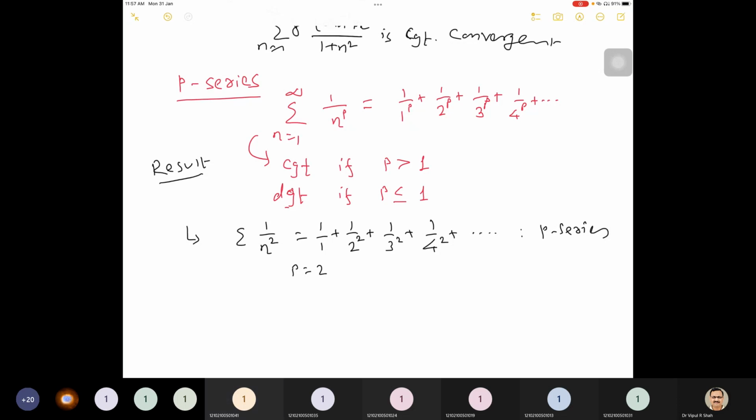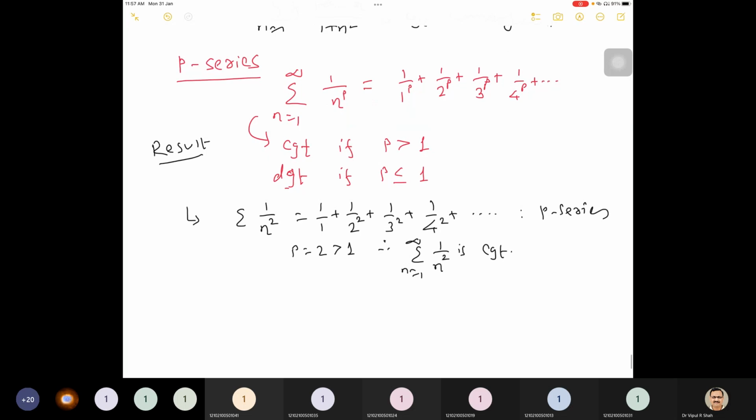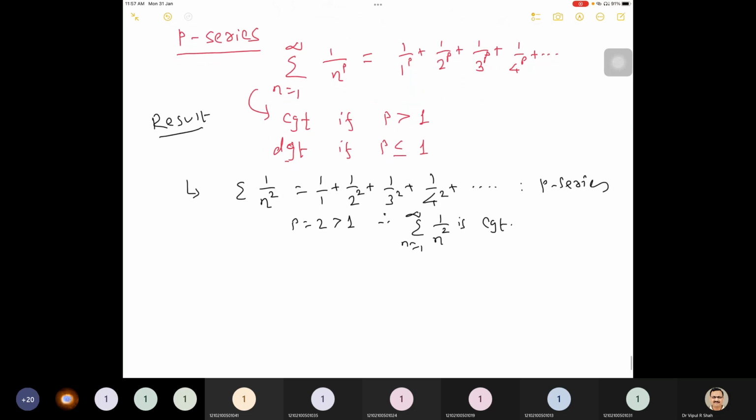Convergent, because p is greater than 1. Therefore the series sum n equal to 1 to infinity 1 upon n square is convergent. What is the sum? We don't know the exact sum at this point, but at least we know the sum is possible.